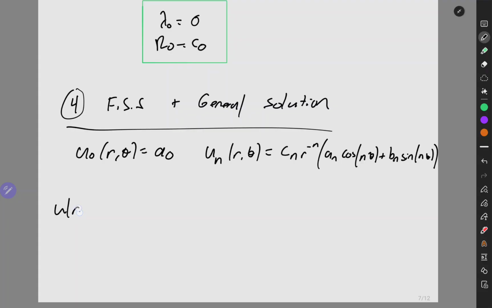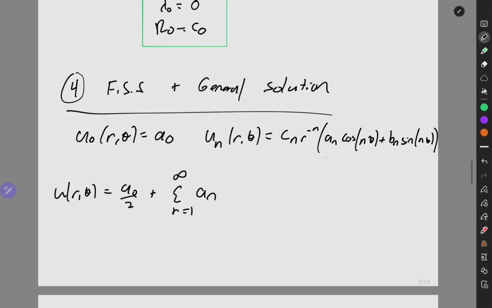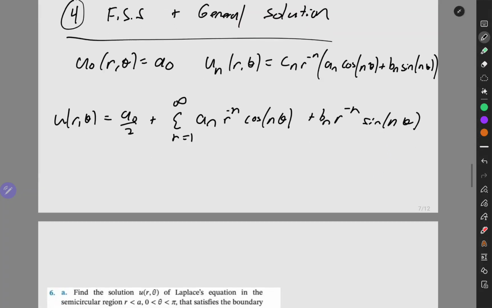Where u of r theta is a naught over 2 plus the sum from n equals 1 to infinity of a sub n. I'm multiplying them together now. C to the n times a sub n is going to be equal to a sub n r to the n. I'm doing this for a reason, so we get the standard Fourier coefficient notation. This should be negative n, sorry. And theta. Right?